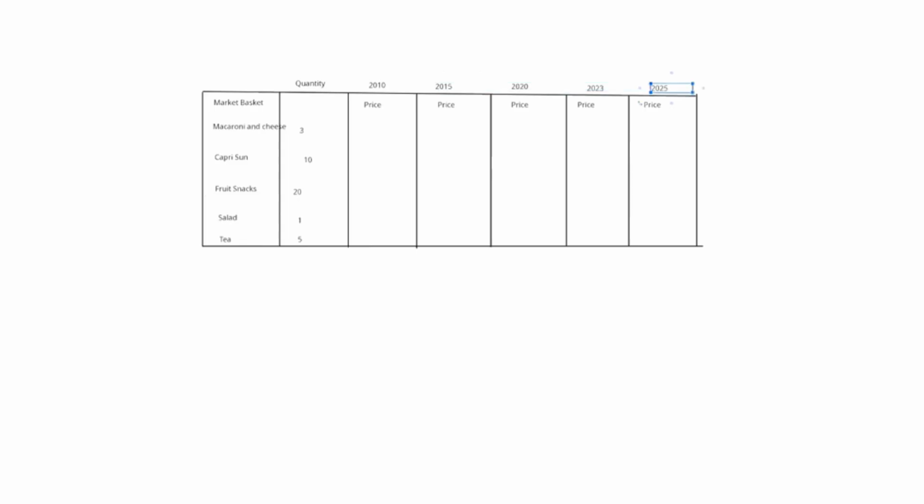And so we're going to make our base year 2015. So mac and cheese in 2010, we're going to say was $1. I'm going to say it was $1.20 in 2015.